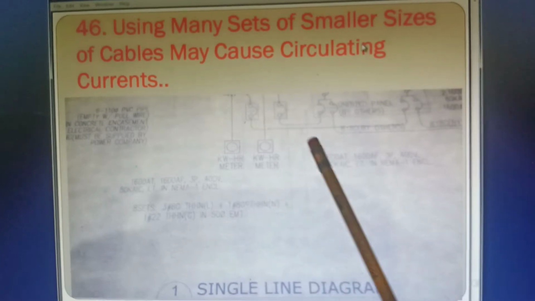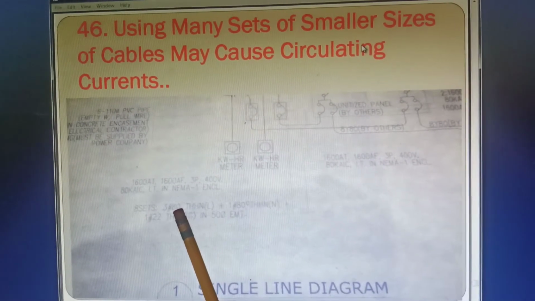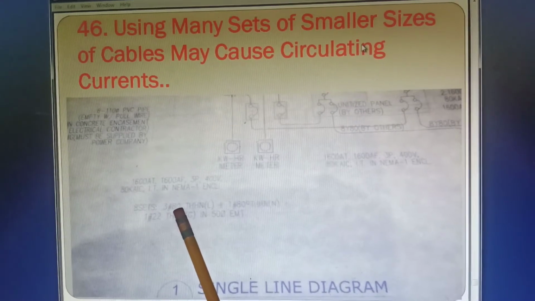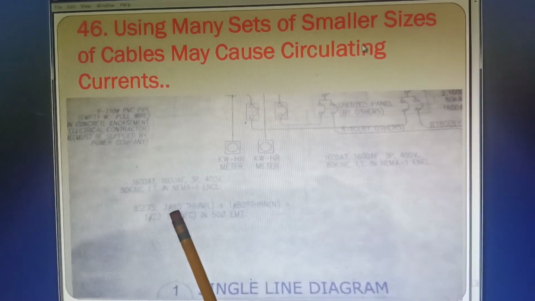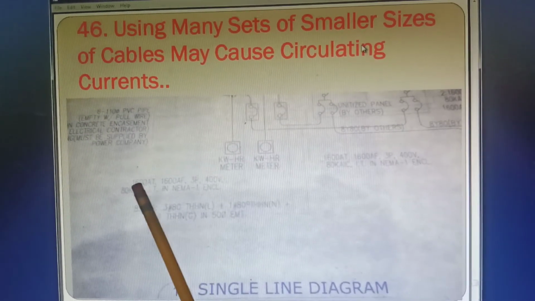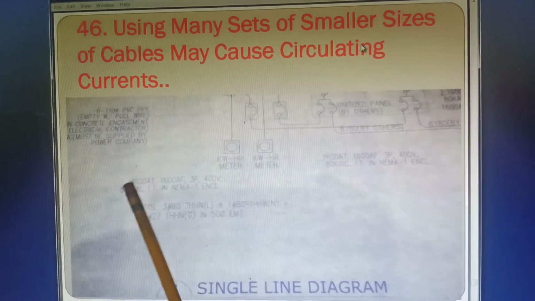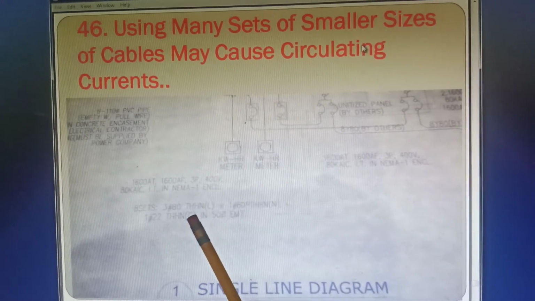So the suggestion is, instead of using 80 mm wire, 250 mm would be much better. So it would be 4 sets of 3 250 mm. So it's the same. The circuit breaker can be selected at 1600 ampere trip.